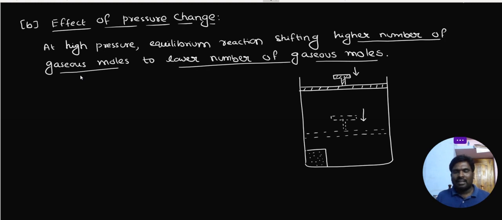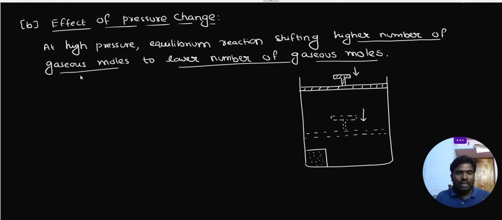Then, according to Le Chatelier's principle, the equilibrium always shifts in the opposite direction. If you apply more pressure on the piston, the volume decreases, and all the gaseous particles come closer together.